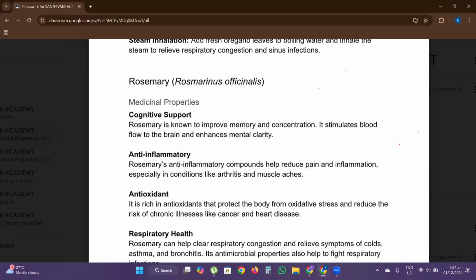But everybody has it. We use it in cooking, especially meats. So if you could get a plant, that would be the best thing because of its cognitive support. It helps with memory and concentration. It stimulates blood flow to your brain, and once blood goes to your brain, it's going to carry nutrients to your brain.